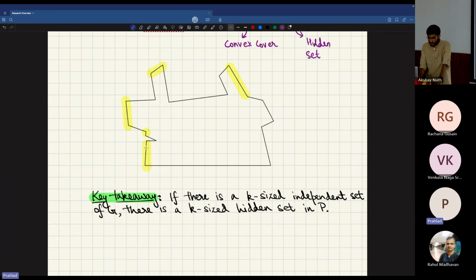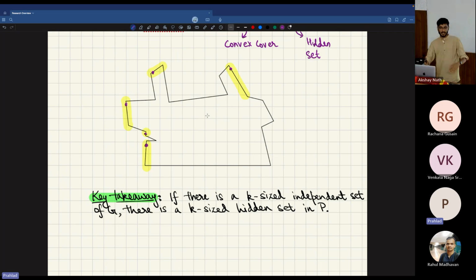That's kind of the idea. So you can place these hidden points very close to the endpoint of the edge. Of course you need to be careful because, for example, you couldn't have placed this here, and then it wouldn't be a hidden set anymore. Okay, so we have a proof that you can indeed do this, right? That's the key takeaway here: if you have a k-sized independent set of the graph G, then you have a k-sized hidden set in P.